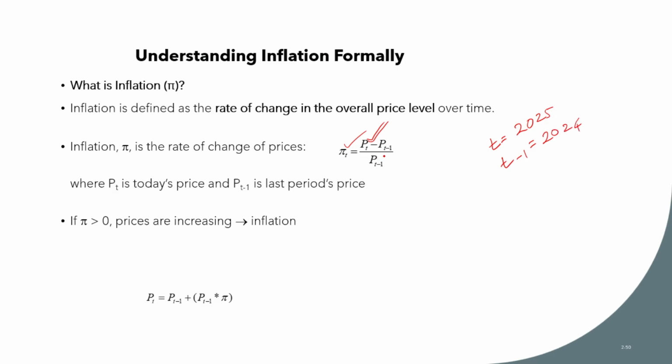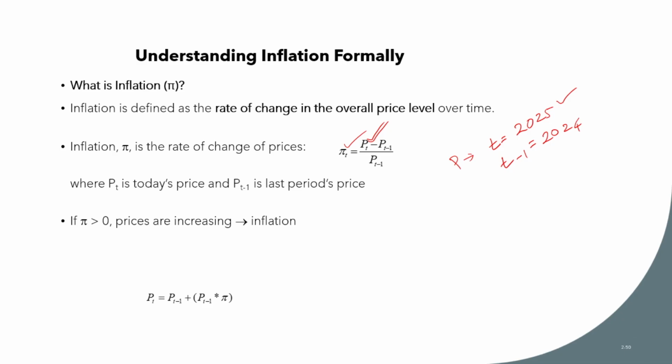Then, using this ratio formula, we calculate inflation as the price in 2025 minus the price in 2024, divided by the price in 2024. What we mean here is that this P is not an individual price. Instead, we compute a price index by aggregating all the prices of all the goods and services in an economy. So here P actually means the price index.